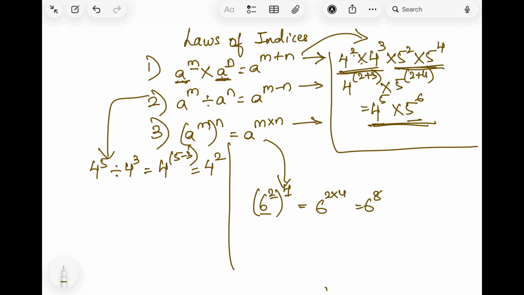Now next, there are many more laws, but we have done one example for each law. Now we will take up some examples which have a combination of laws. Not one law, they have all the three laws in one question.